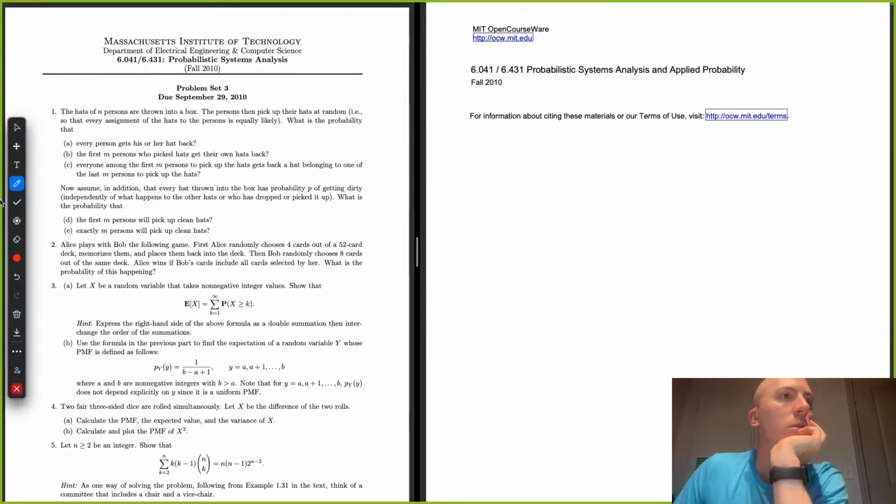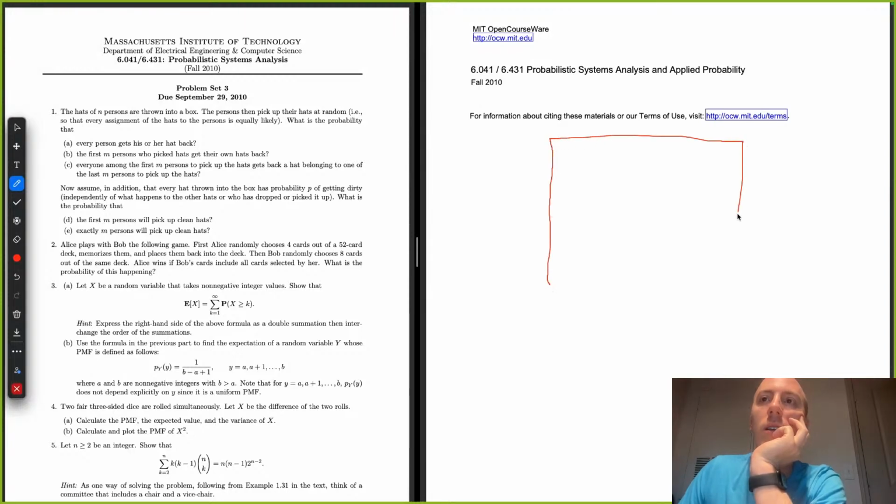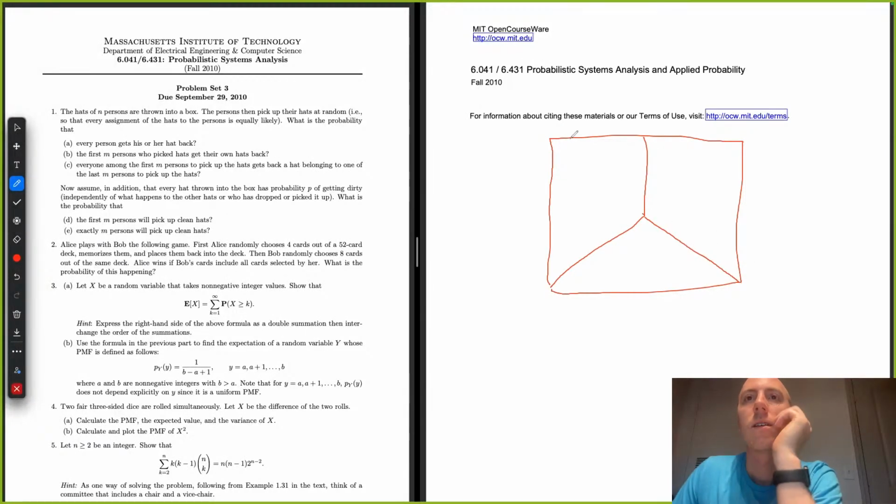So if we wanted to draw it in that grid from before, maybe we can draw it not as a grid, but more like this kind of thing, where we have 1 and 2 and 3.